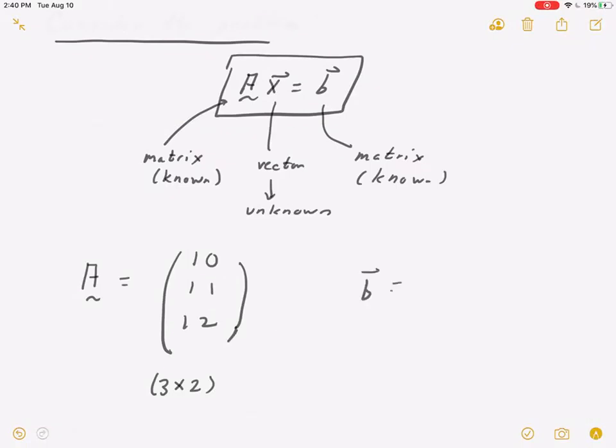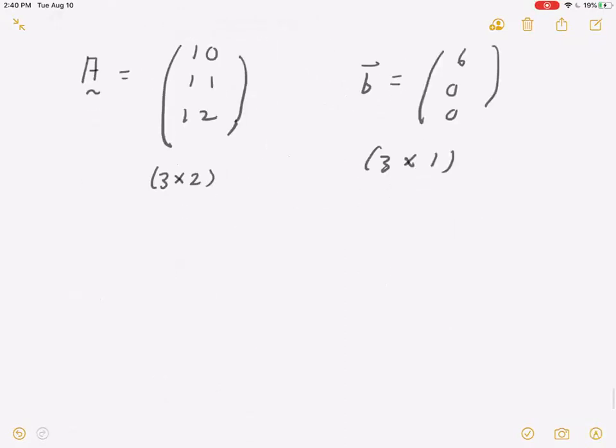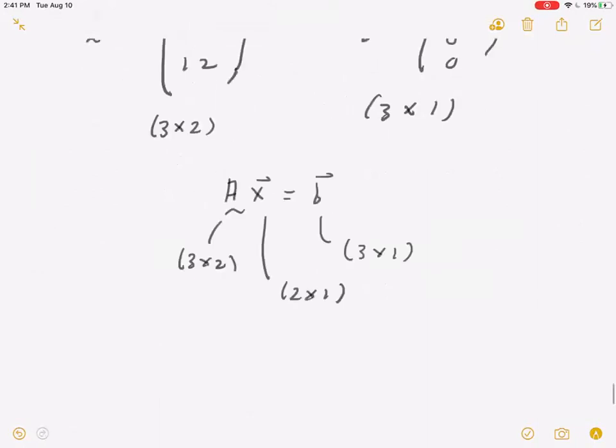And I'm going to pull out of the air a vector B. It has 3 rows and 1 column. And you can see that A times X equals B. Excuse me, you're going to have compatibility when you do the matrix multiplication. So X has to be a 2-by-1 matrix.